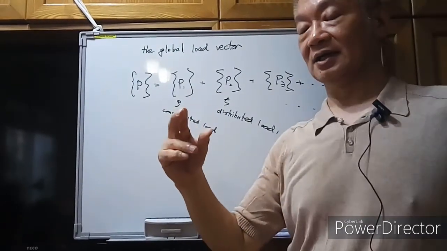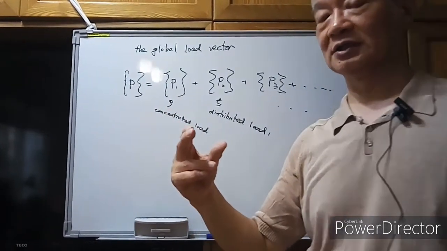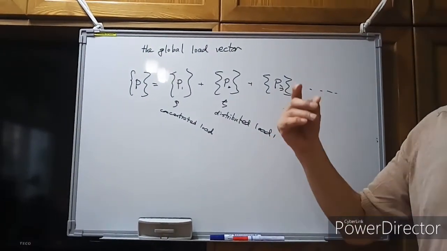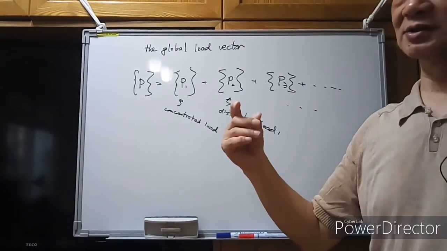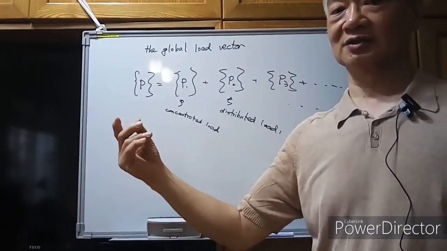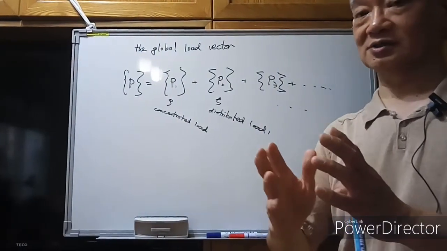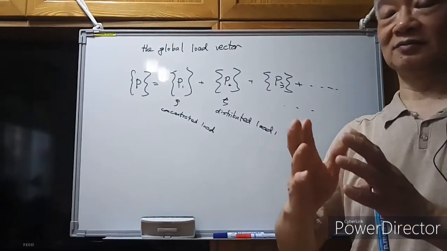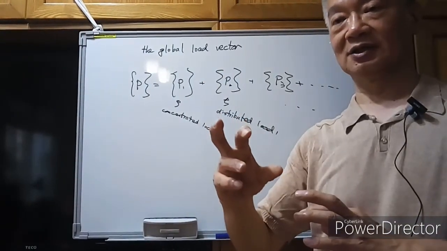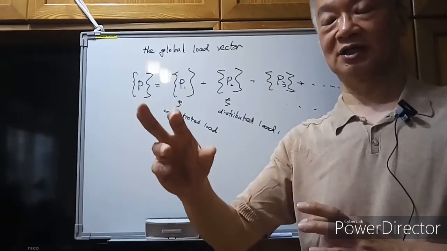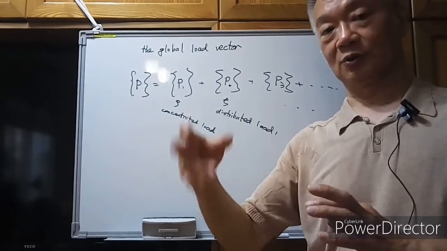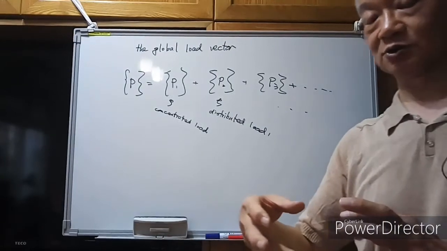And after you calculate the local load vector, you need to assemble the elements in the load vector into the global vector. It is a similar concept. Theoretically, you need to expand the local load vector to all degrees of freedom for the entire structure.